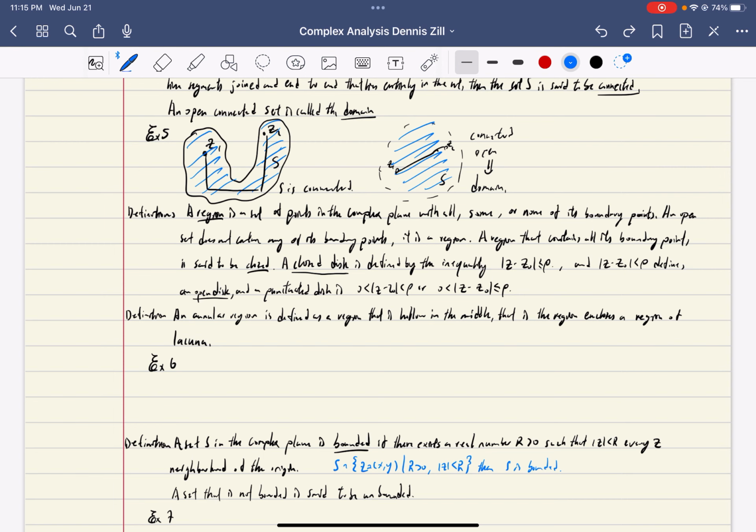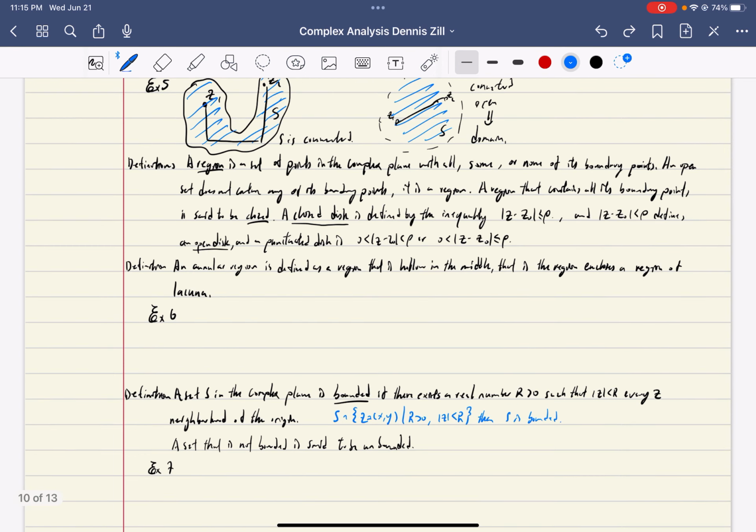So now, another definition. What is this? Yes, an annulus or annular region. An annular region is defined as a region that is hollow in the middle.